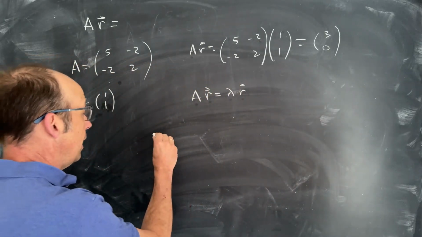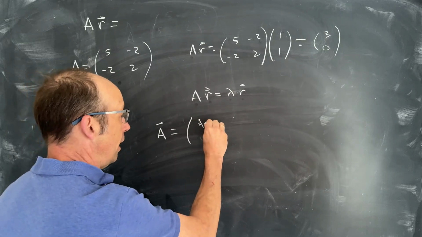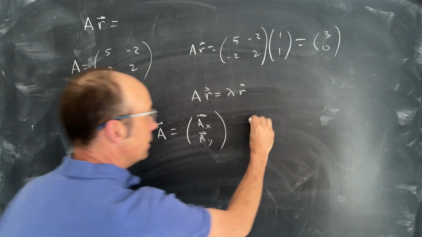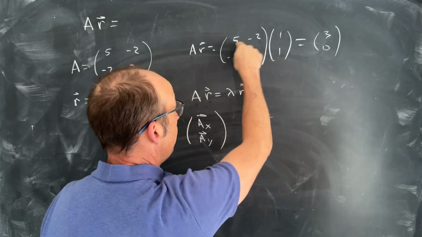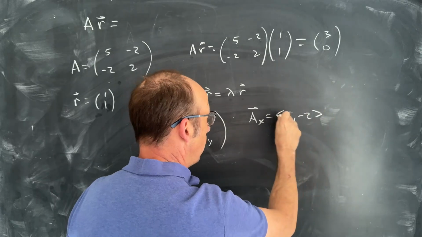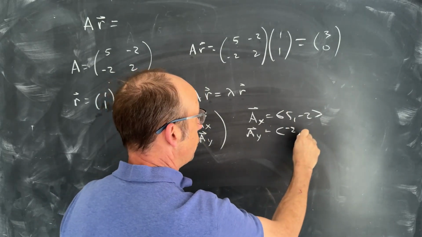So I'm going to represent A as the vectors AX, AY. AX is the vector, using my normal vector notation, 5, -2, angle brackets. And AY is the vector -2, 2.